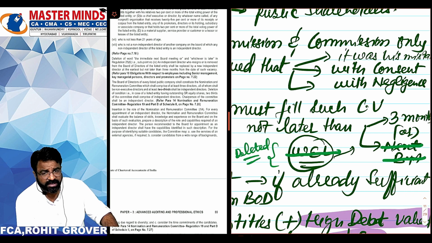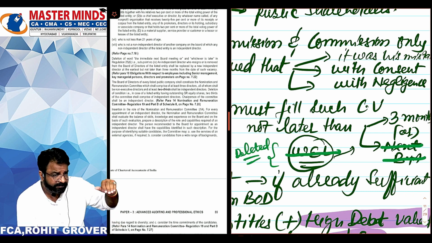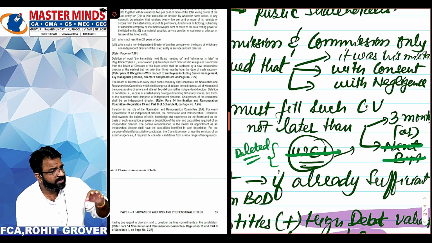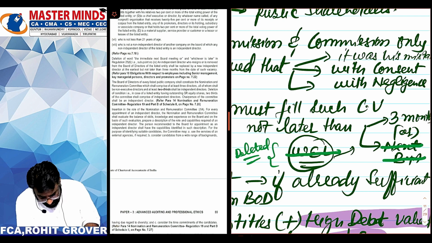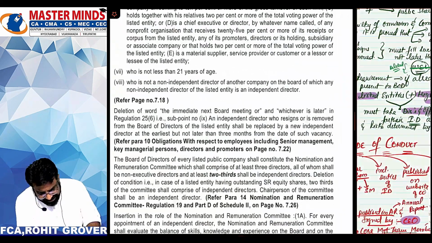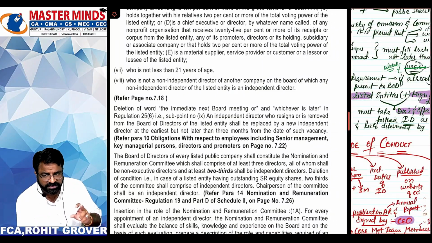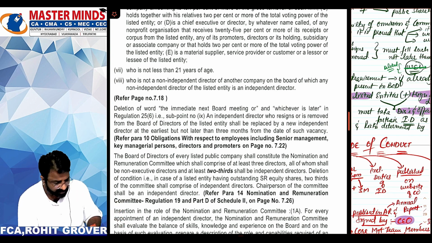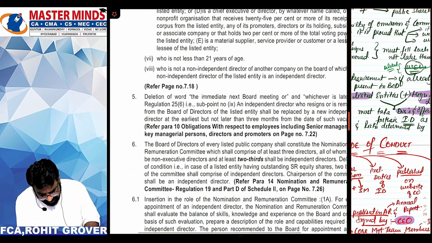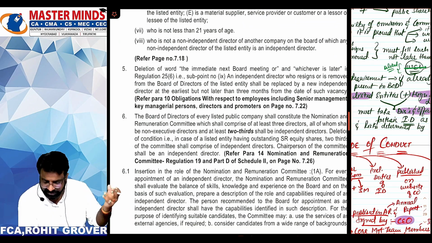So in case your independent directors have fallen short of the minimum requirement, the new independent director has to be appointed within the next 3 months. There is no requirement of waiting for the board meeting or 3 months, whichever is later. Not that significant amendments, but yes, small amendments. And the problem is that you are going to get MCQs on all these amendments in the coming examinations. Obviously, all will not be tested, but some will be tested in your May examinations.